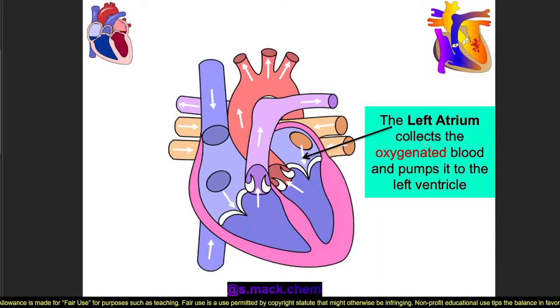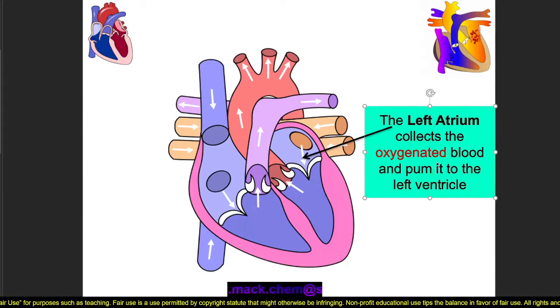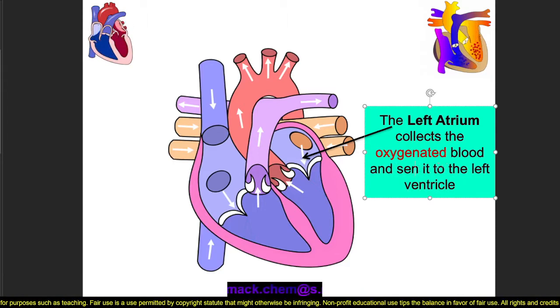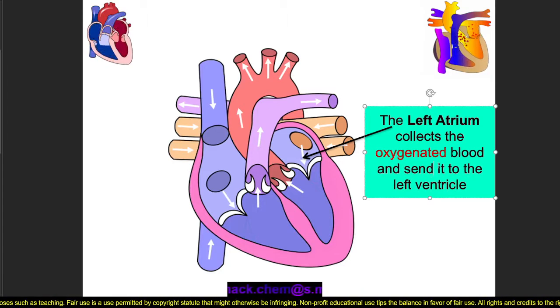The left atrium will then squeeze and send this blood to the left ventricle. Right, so our left atrium will squeeze, send blood to the left ventricle.